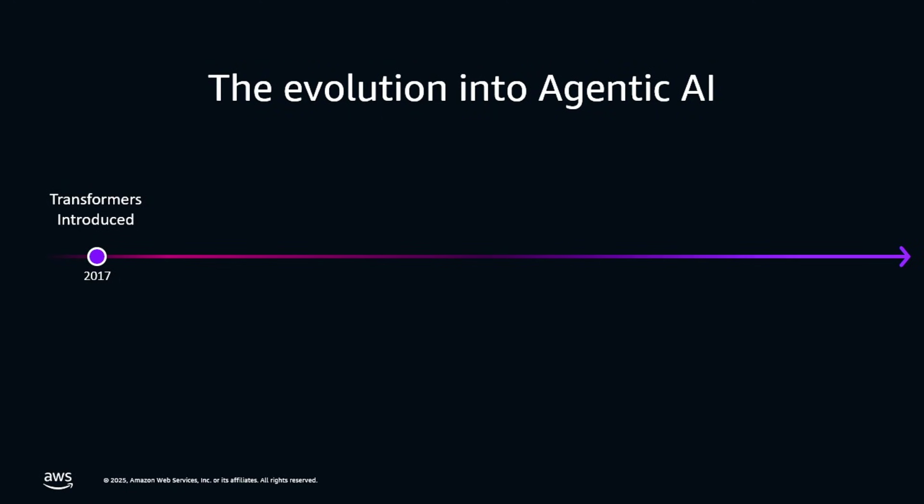We're all familiar with the idea of Gen AI, of conversational agents, of answering questions. But how did this come to be? It starts back in 2017 with transformers. What this did is it enabled text to be processed in a fundamentally different way.